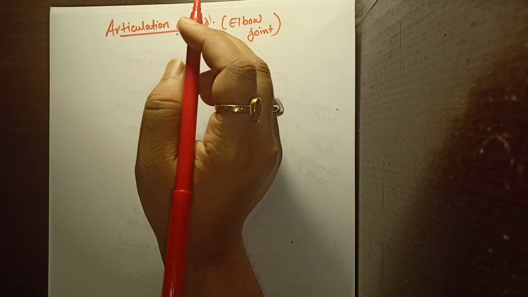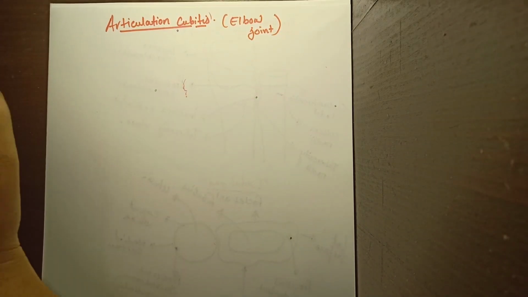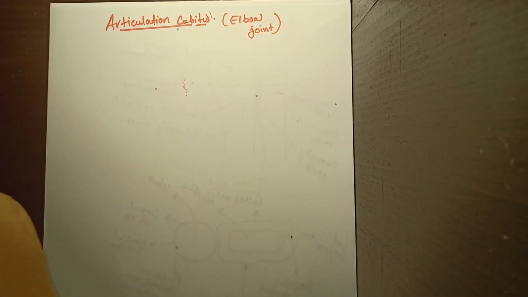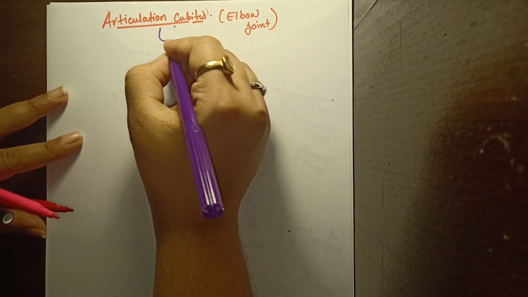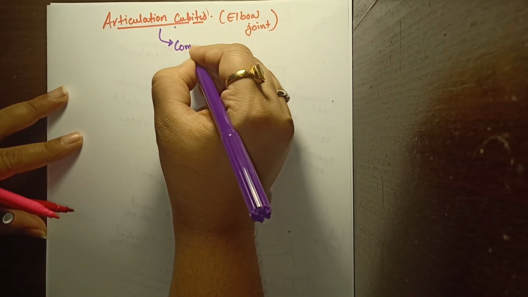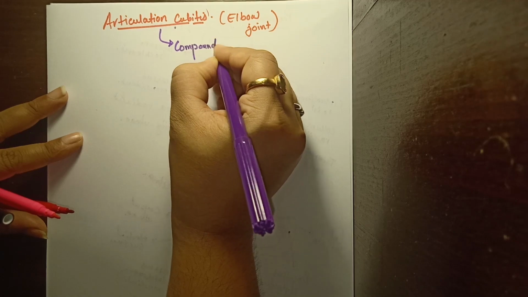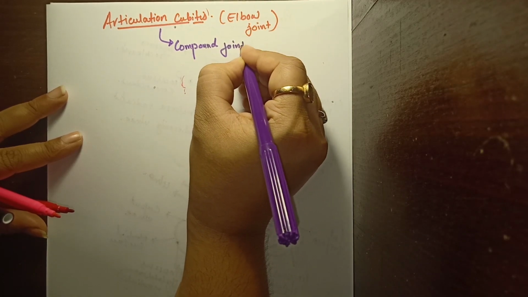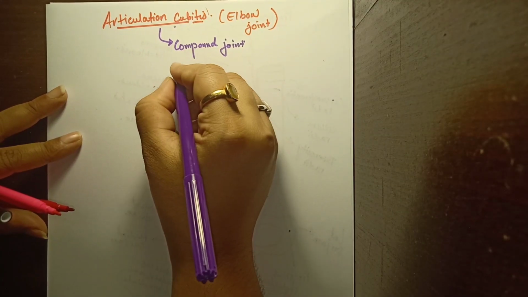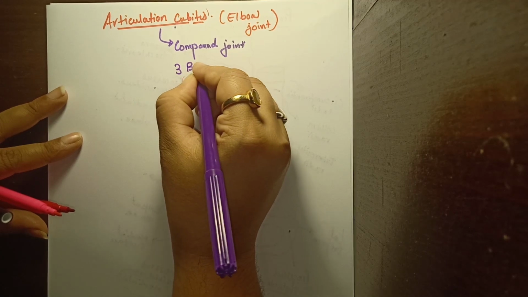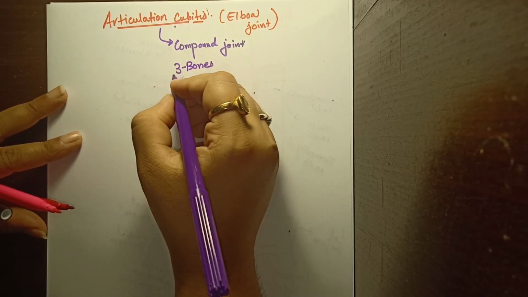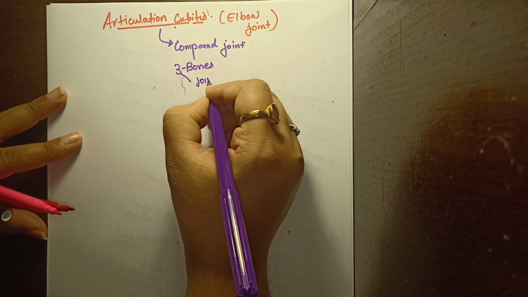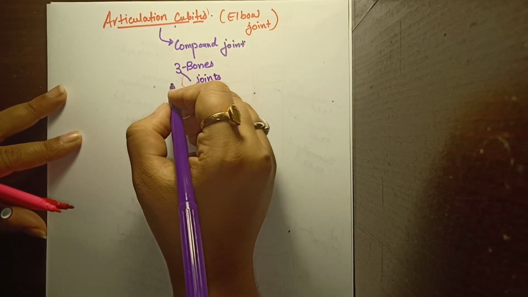So the thing that I want to tell you in this, and it's quite important, is that it is a compound joint. It is a compound joint. Okay, it has 3 bones, 3 joints, 3 ligaments.